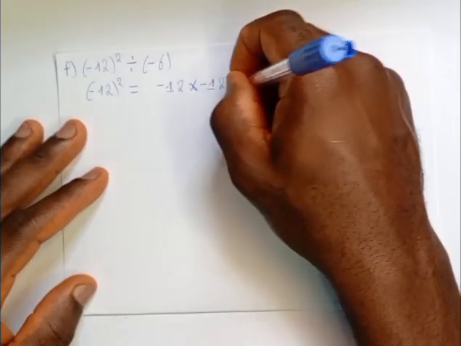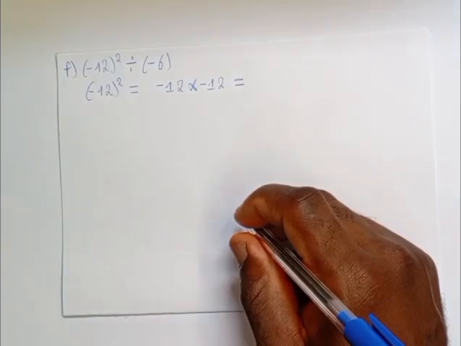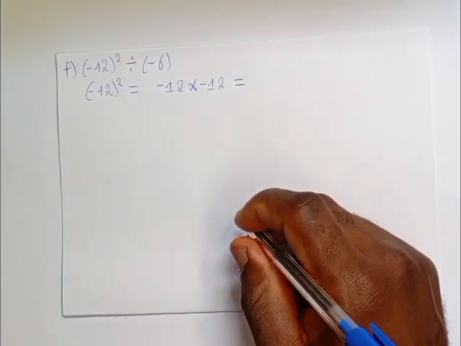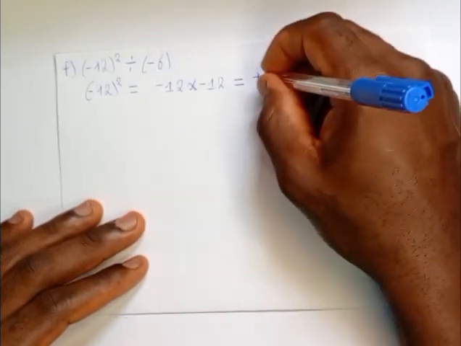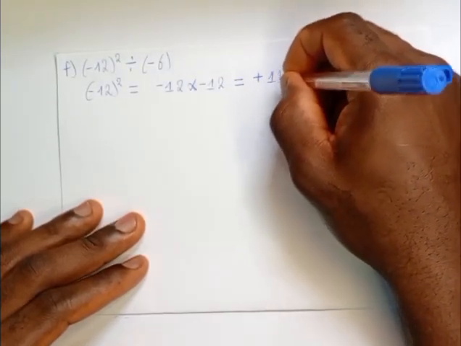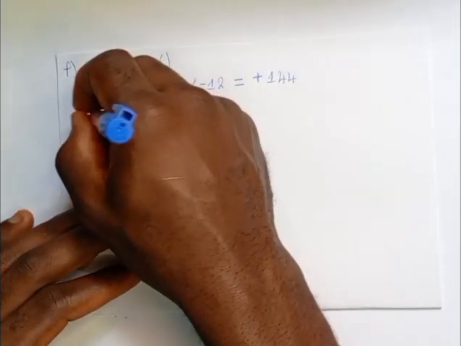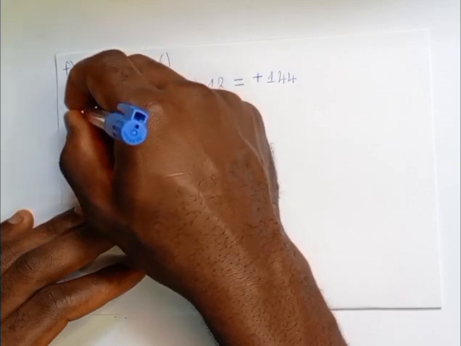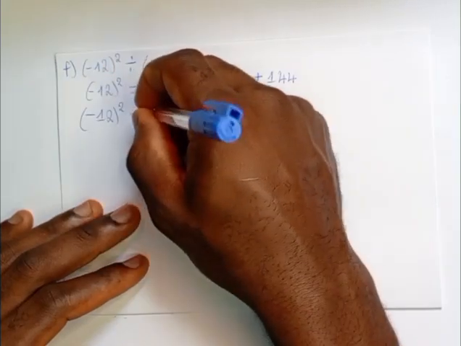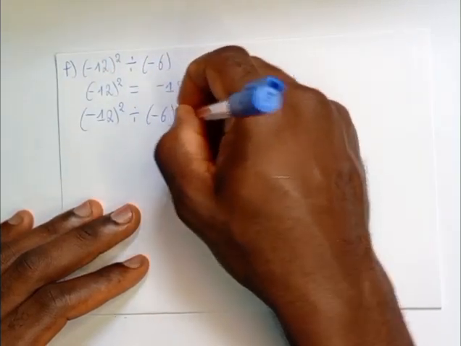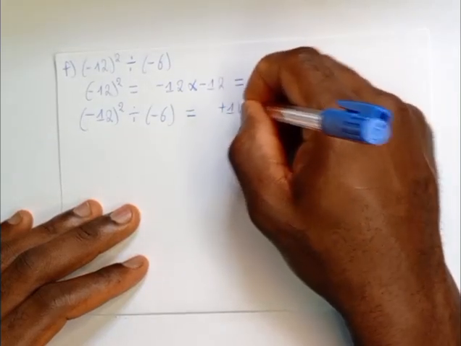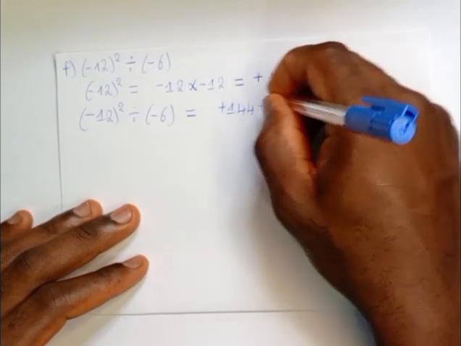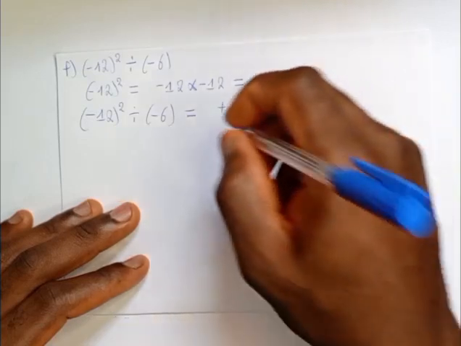And this will simply be equal to, we are multiplying two negative numbers. The result will be positive. 12 times 12 gives us 144. Simply means we take negative 12 all squared divided by negative 6, it will simply be equal to positive 144 divided by negative 6.